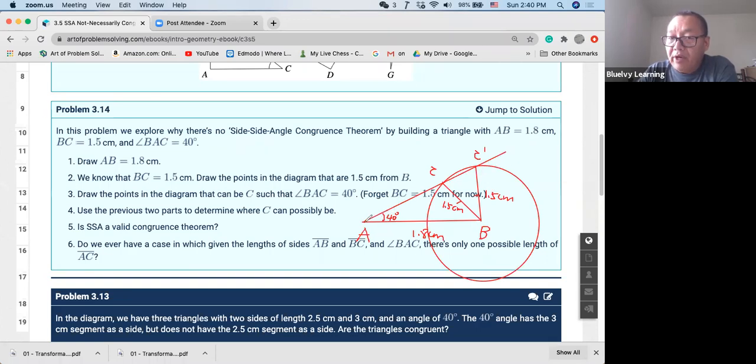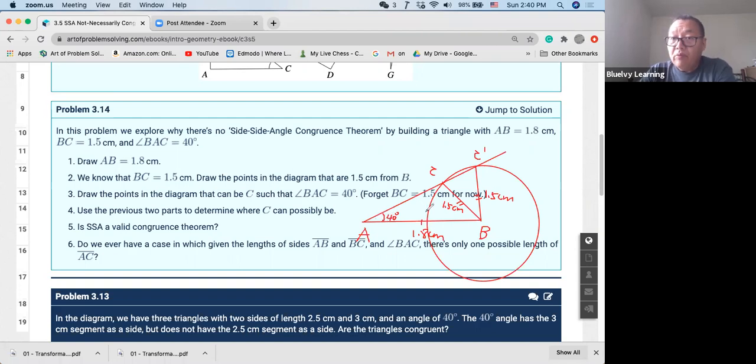So then you compare triangle ABC and triangle ABC prime. We have AB, they share it, equals 1.8. Then we have BC equals BC prime because they are radii of this circle. Then we also have angle A, equal to 40 degrees. This angle is also shared.